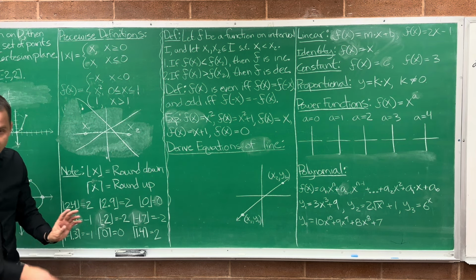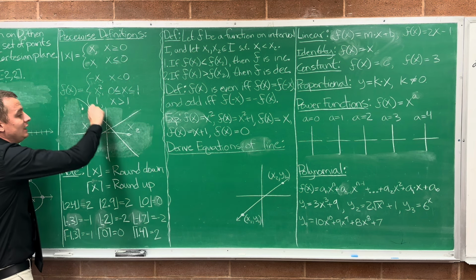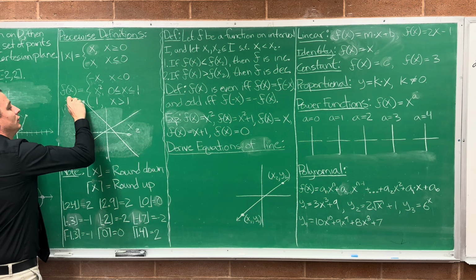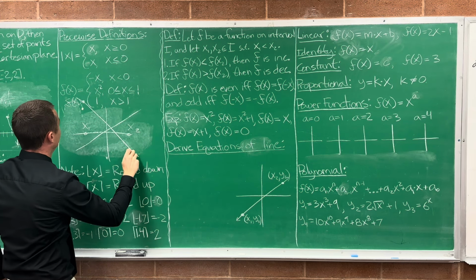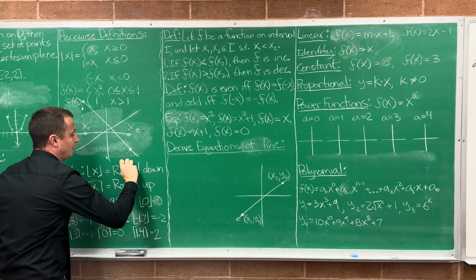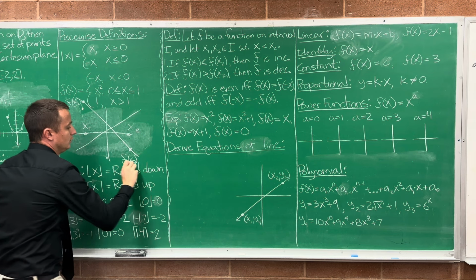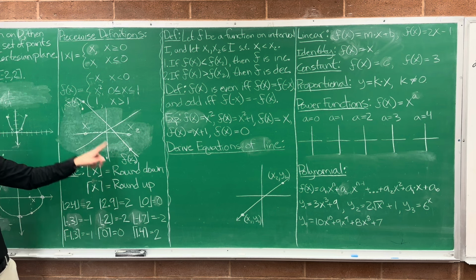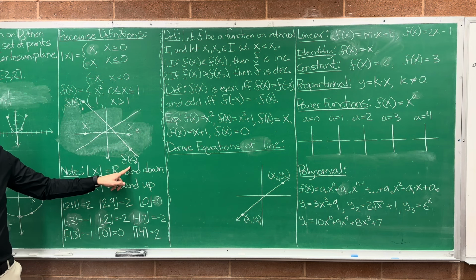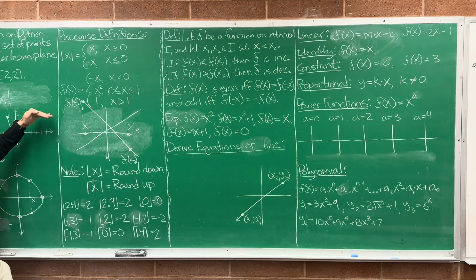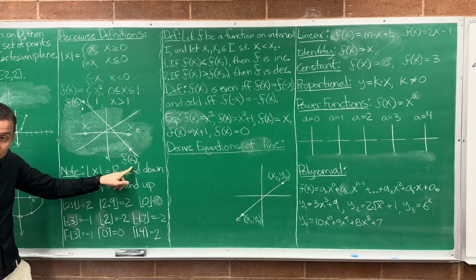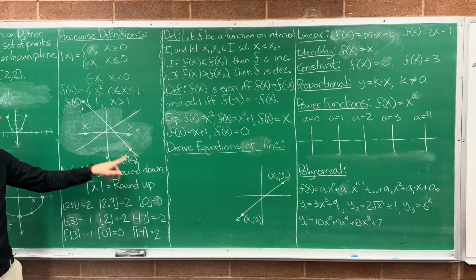If your function is decreasing, notice here is f of x1, and here is f of x2. For this function f, what's bigger, f of x1 or f of x2? F of x1. So your function is decreasing if f of x1 is greater than f of x2.